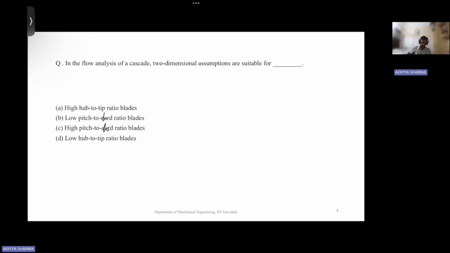So what is a chord? What is pitch? This has been discussed in lecture number 39. Maybe I can discuss it first and then we can take this question.